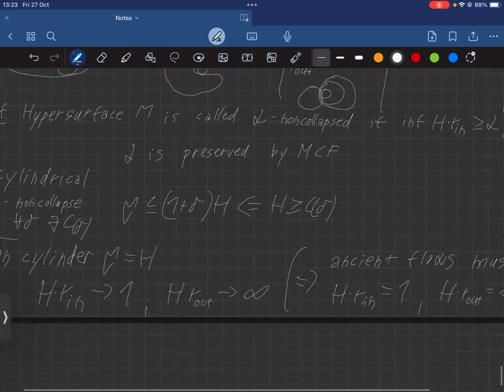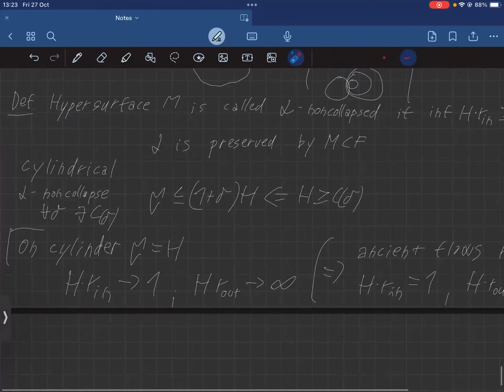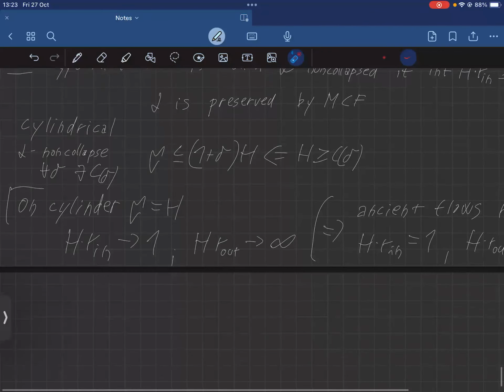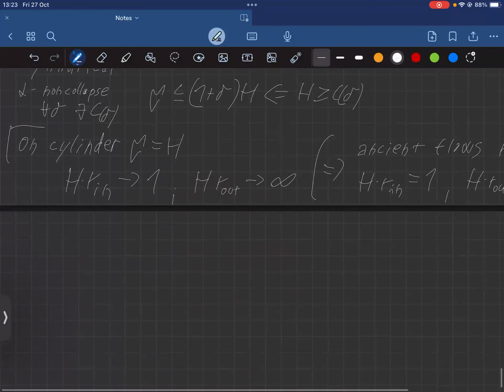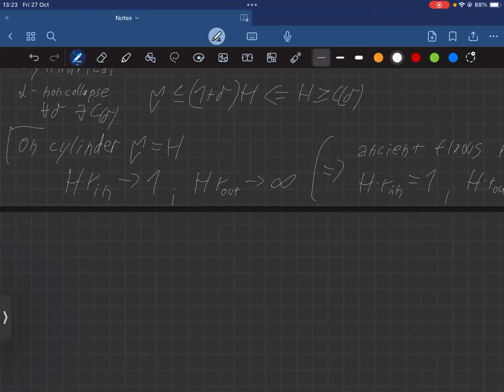But in Vishnu's proof, he was using that we have a non-collapsedness constant alpha. And it turns out that the alpha constant is not preserved by surgeries.